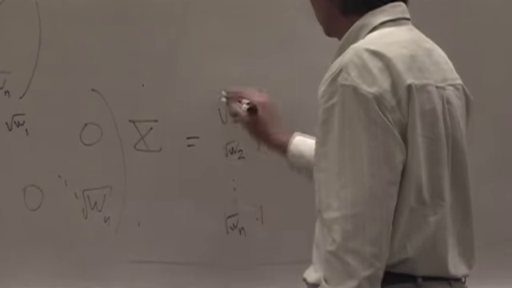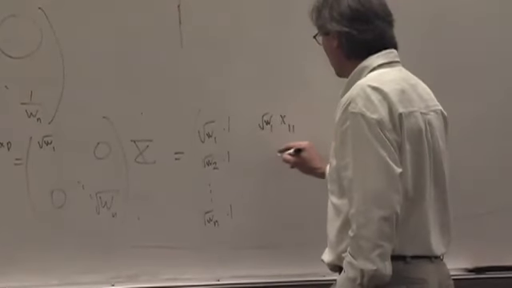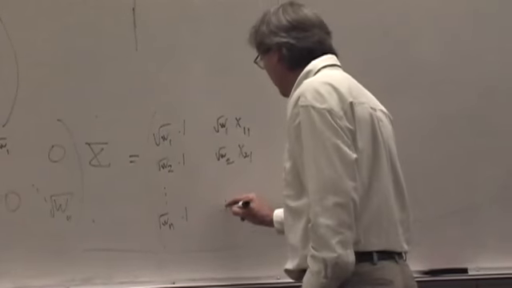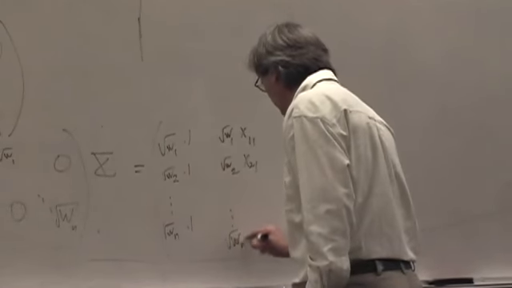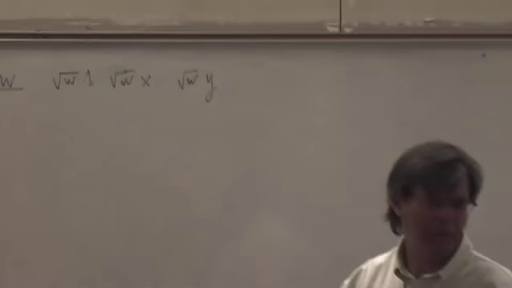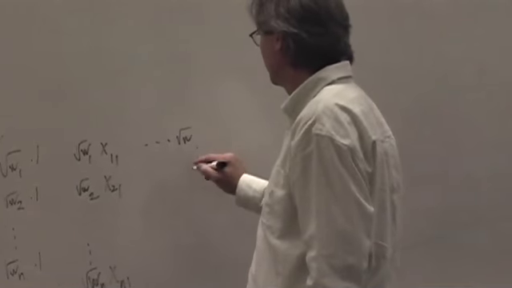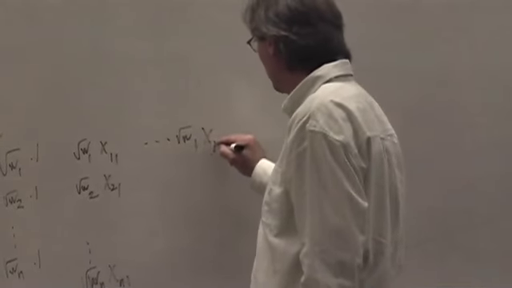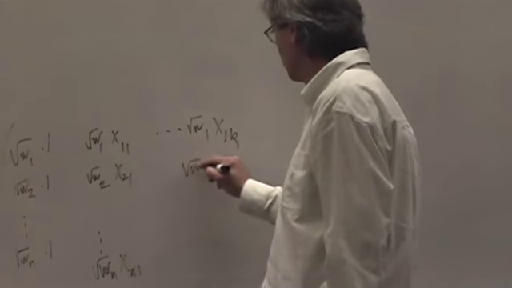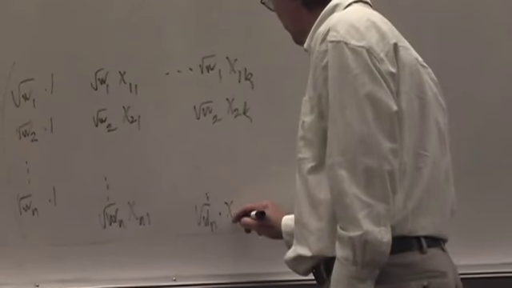The second column of U will be the square root of w1 times x11, square root of w2 times x21, down to square root of wn times xn1, if x1 is the first regressor. Here I've only got one regressor in this little example. And in general, the kth column is square root of w1 times x1k, square root of w2 times x2k, down to square root of wn times xnk. But in principle, probably the best way to think about it is constructing these columns in your Excel worksheet.